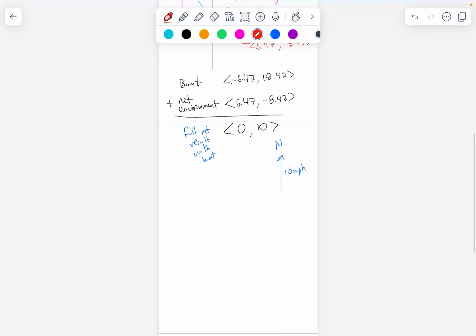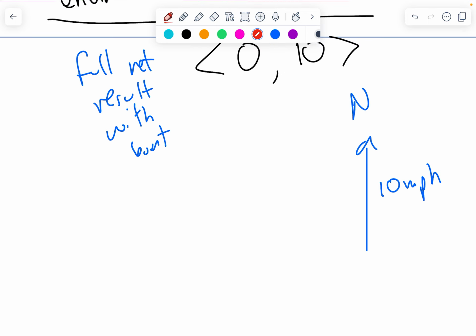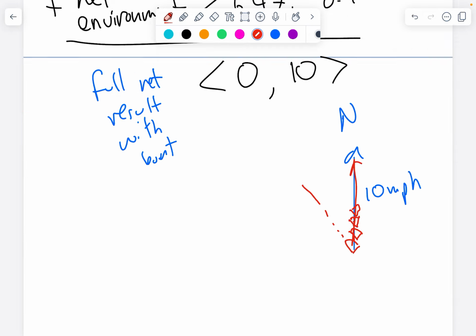And what's funny is your boat, if you draw the boat here, is actually facing this way, right? It's facing a little bit off, but because of all these other forces, the actual thing over time, the boat will go here, then here, then here, so it's going straight north when everything's all taken care of.